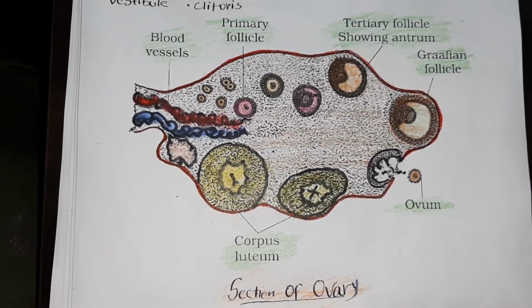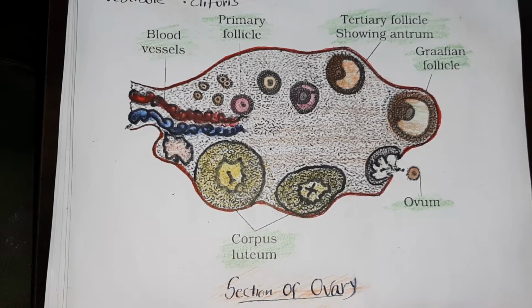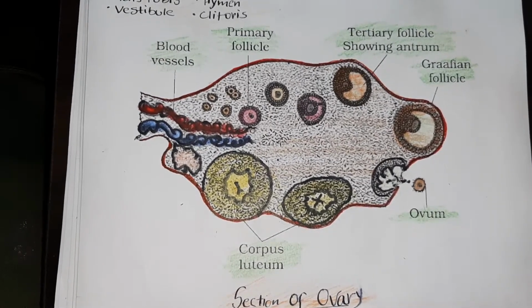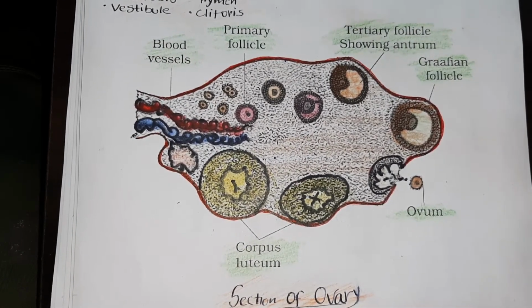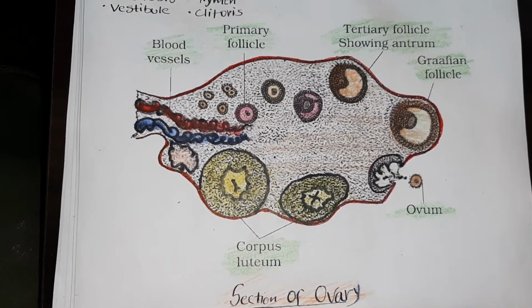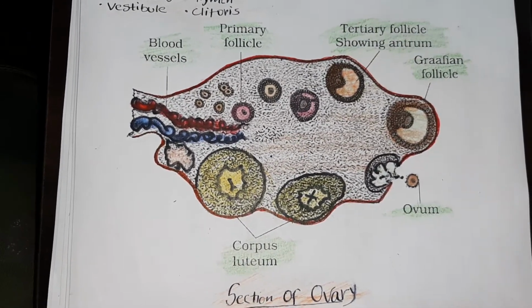Follicle stimulating hormone acts on the ovary for the further development of primary follicles into secondary, tertiary, and Graafian follicles.